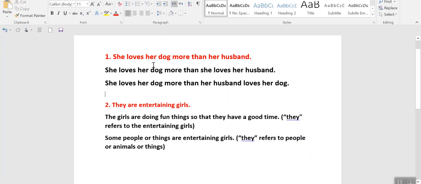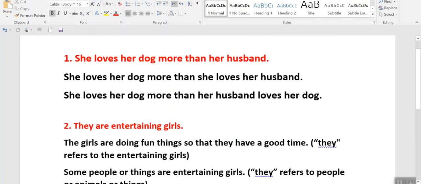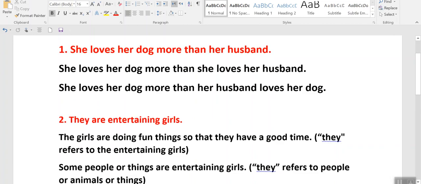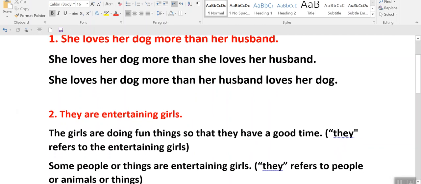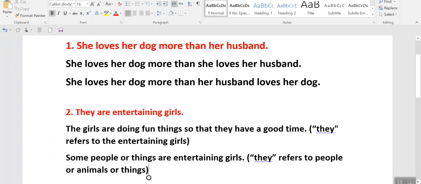She loves her dog more than her husband. She loves her dog more than her husband. Yes.